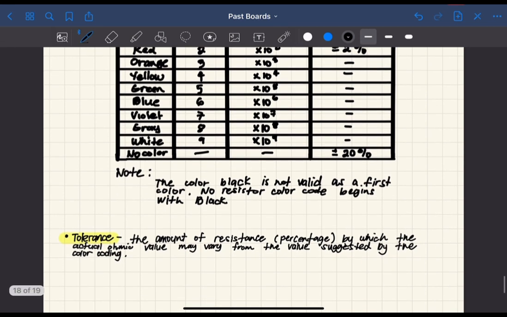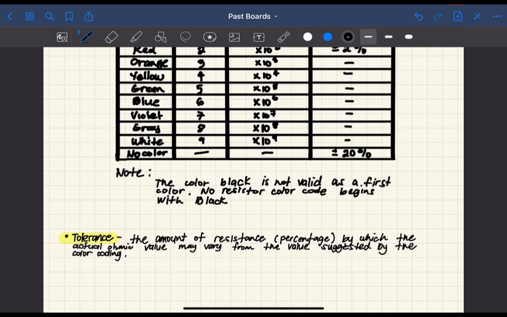Now, what is the tolerance? This is the percentage by which the actual ohmic value may vary from the value suggested by the color coding. It simply means that the color code of the resistor is not that accurate.